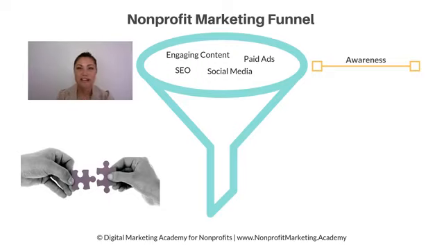The first stage to the nonprofit marketing funnel is awareness. So on the bottom left, we have a photo of two hands holding puzzle pieces. You can imagine that the one on the right is your nonprofit and the hand on the left is a potential supporter or donor. In this photo, you're not yet connected, so there has to be an awareness piece that will allow your nonprofit to connect to this supporter.